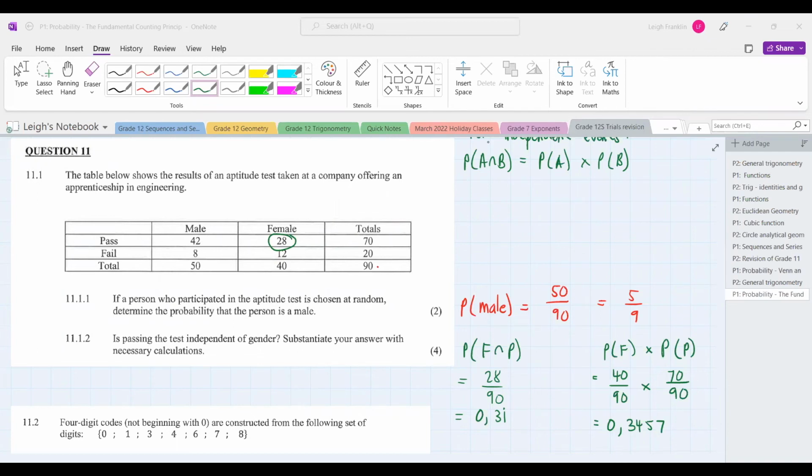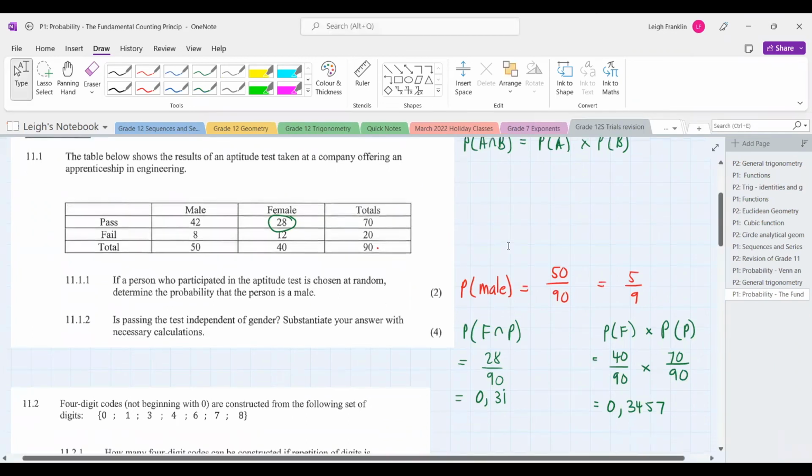So now the question is, is 0,31 equal to 0,35 essentially? No, it's not. Quite right. So what we have discovered is that the left-hand side does not equal the right-hand side.